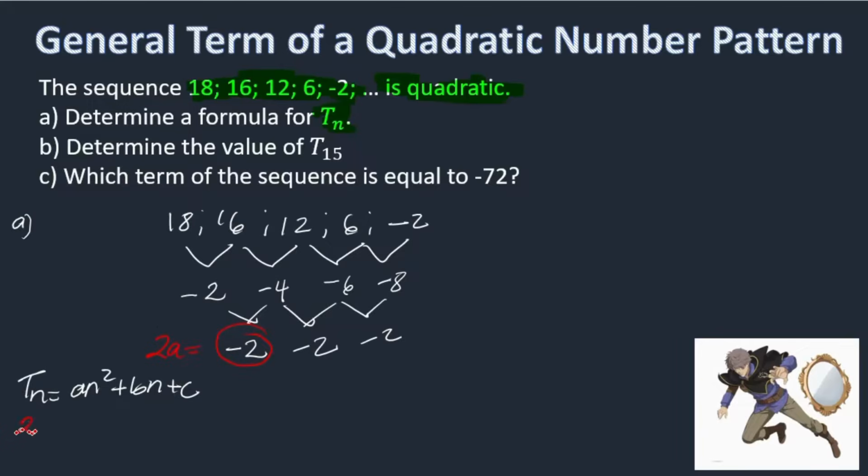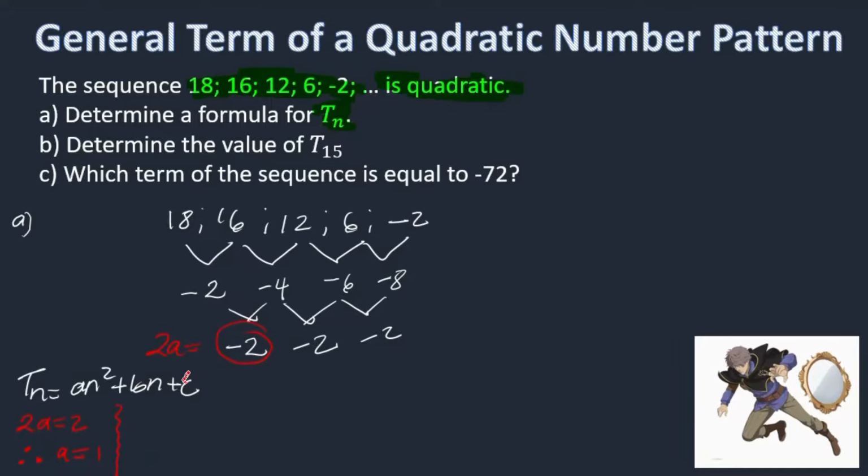Right? So I'll do that. 2A is equal to 2, which means therefore A is equal to 1. There we go. Right? The next thing, I need to find B. The equation says 3A plus B is equal to that first value. Right? So which means here I can say 3A plus B is equal to negative 2. But I already have A. A is 1.